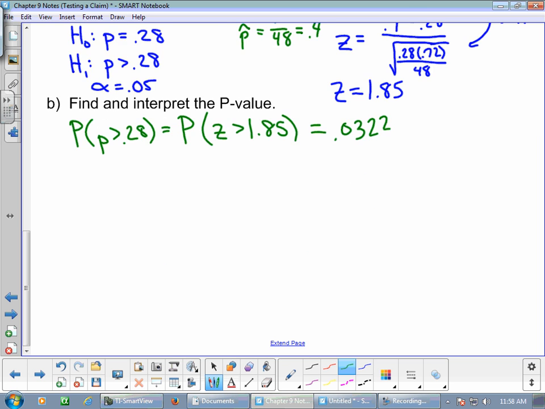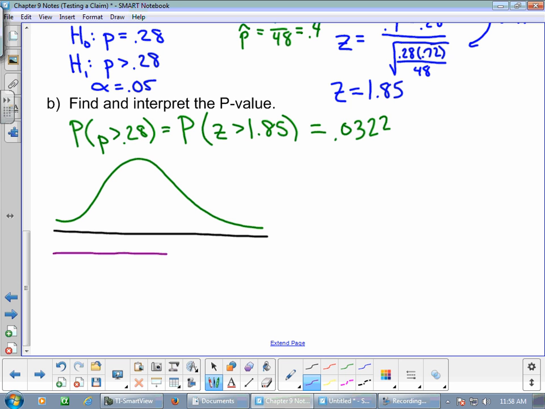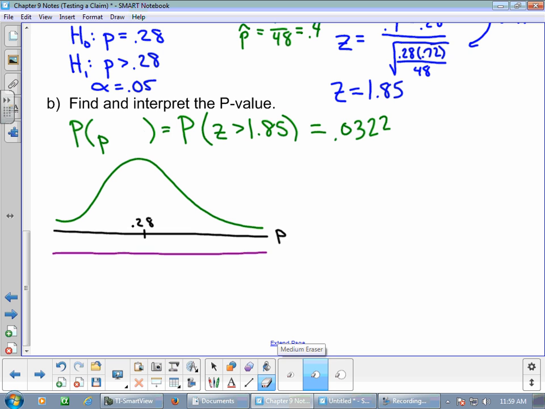Okay. Here's my curve. Let me draw a couple of axes here, parallel to each other. If we're talking in terms of p, then this would be our 0.28. And we're interested in, oh, wait, I'm sorry, I have the wrong number here. 1.85 didn't correspond to 0.28, it corresponded to our 0.4.